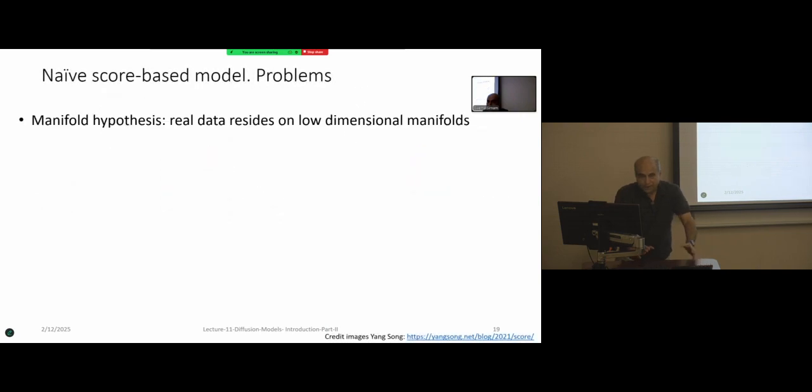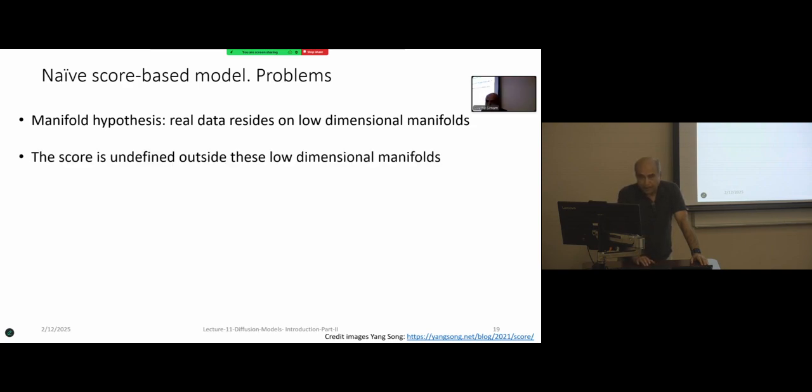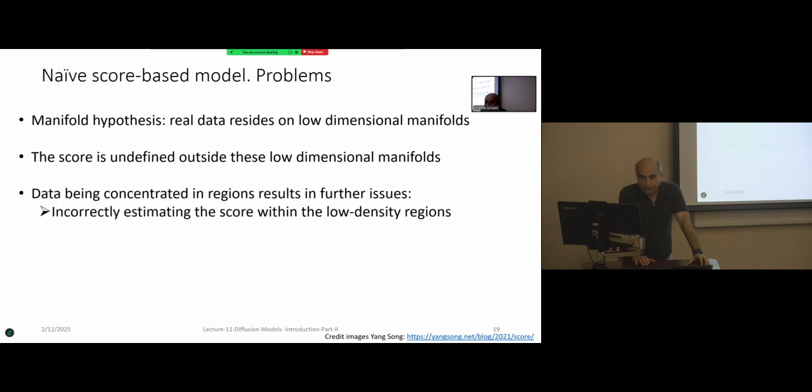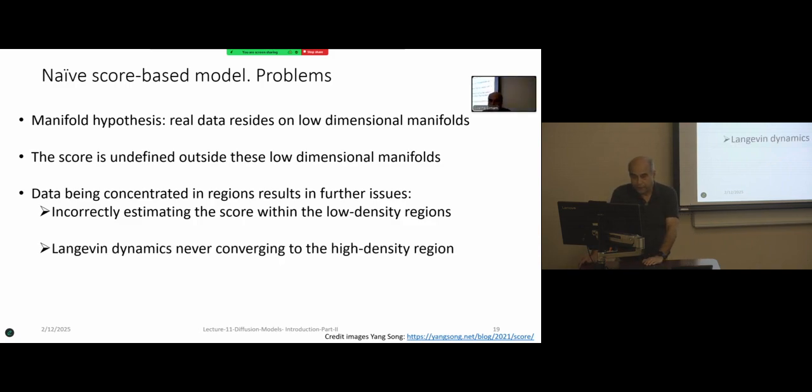But this is a pretty simple, what they call naive score-based model, and it has some problems because real data resides in low dimensional manifolds, and the score function is undefined in those areas. So we have a difficulty, and we will end up incorrectly estimating the score within those low density regions, and we want to fix that.